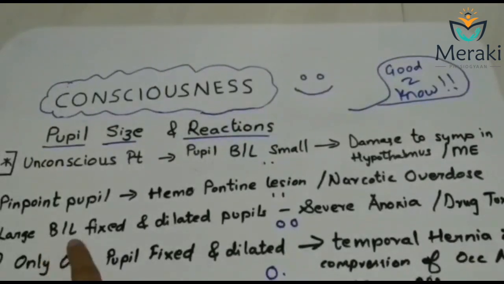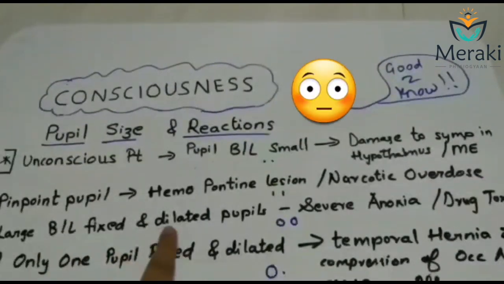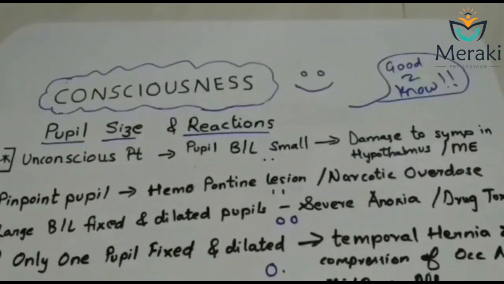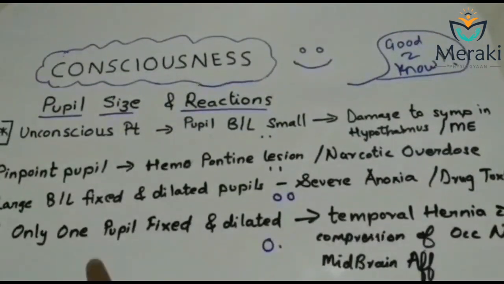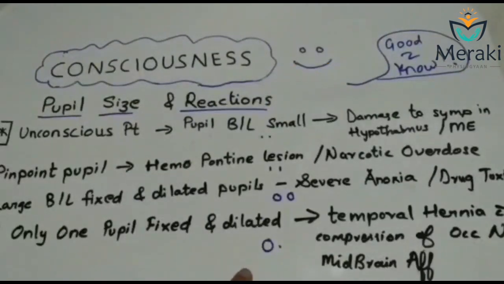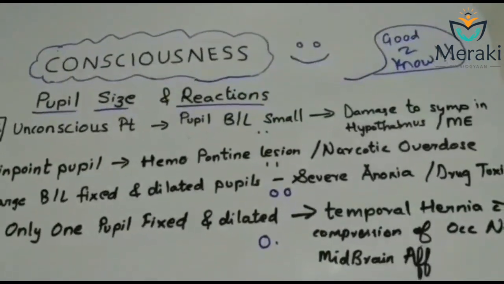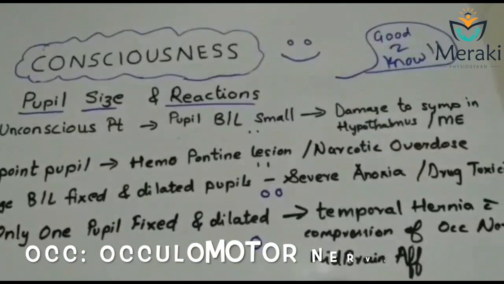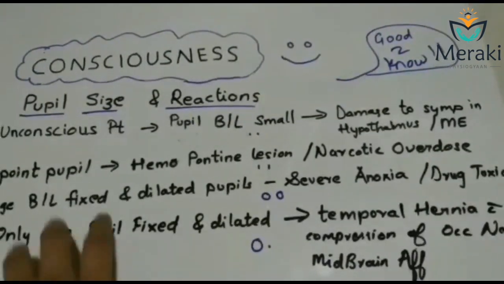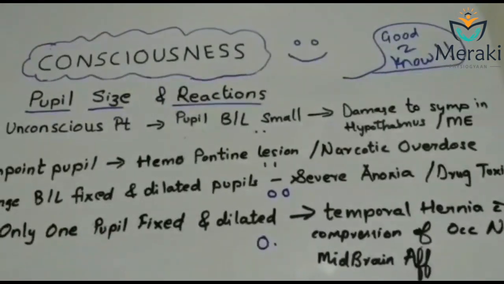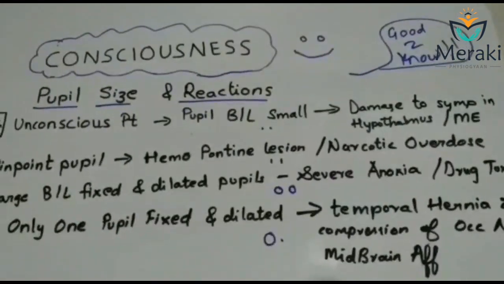If there are large, bilaterally fixed and dilated pupils, that indicates severe anoxia and drug toxicity. But if only one pupil is fixed and dilated, then that would indicate a temporal herniation compressing on the oculomotor nerve and a midbrain affection. So these are some quick pointers that would help you reach your diagnosis.